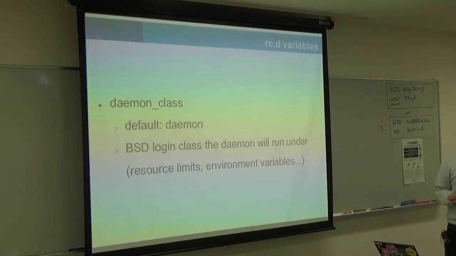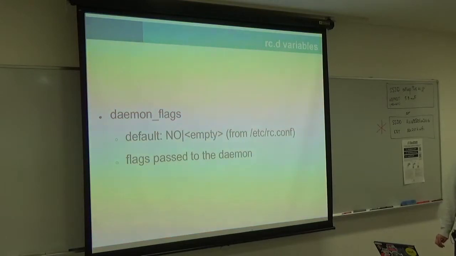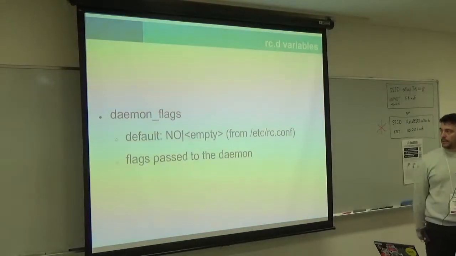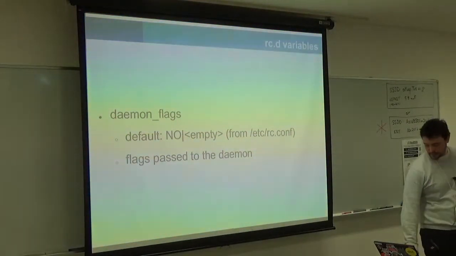So we use that to increase resource limits, for example, for a daemon, or to change the niceness of a daemon, or to inject environment variables, etc. We have daemon_flags, which is the traditional rc variable. So this one didn't change, it's still the same. It defaults to no or empty. The default comes from rc.conf. And they represent the flags that we will pass to the daemon, if any.